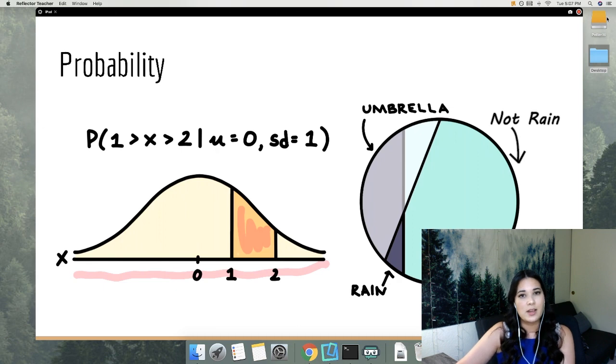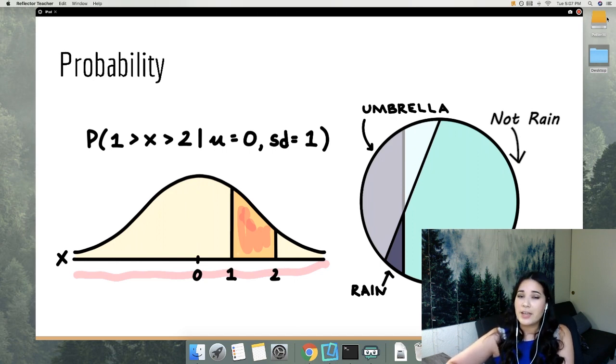And again, this kind of goes back to the integral part that I was talking about. If we want to figure out what is the probability that our value is between 1 and 2, well, we can take the integral, find the area of this area, and then take it and divide it by the total area of every value that we could have. But sometimes probability is a little easier to think about in the discrete sense when we just have events like rain or not rain.